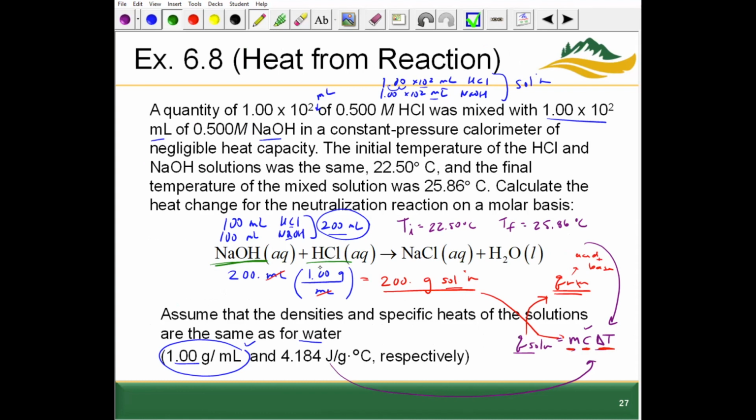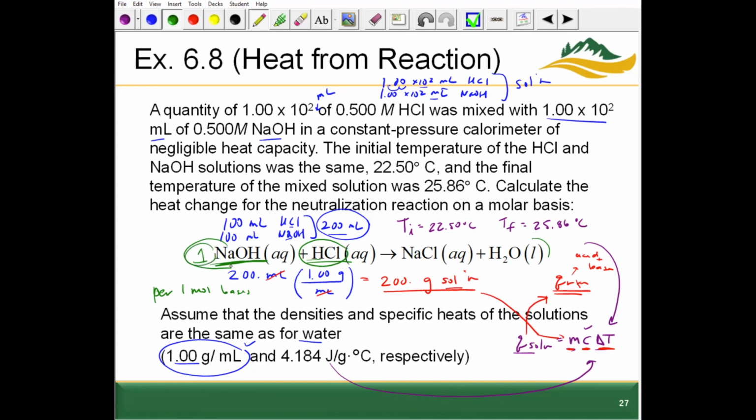When we report the heat on a per mole basis, we can say for every 1 mole of NaOH or for every 1 mole of HCl. We don't need to add moles of both because, again, this is just on a per 1 mole basis. For all these heats of reactions and enthalpies of reaction, remember we're just looking at that in terms of one of the reactants.